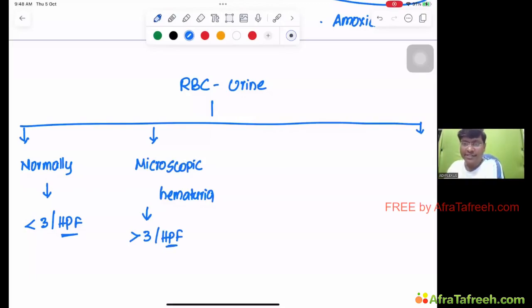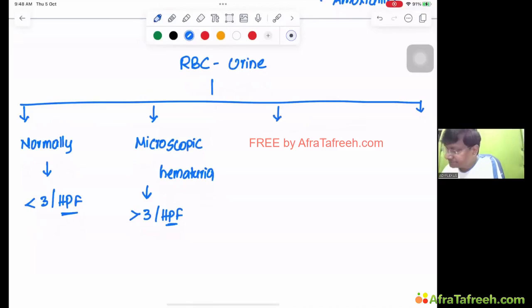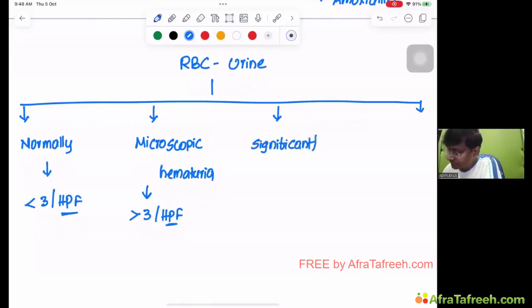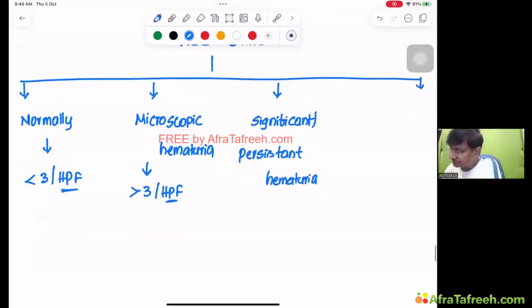But when will you call it significant or persistent hematuria?